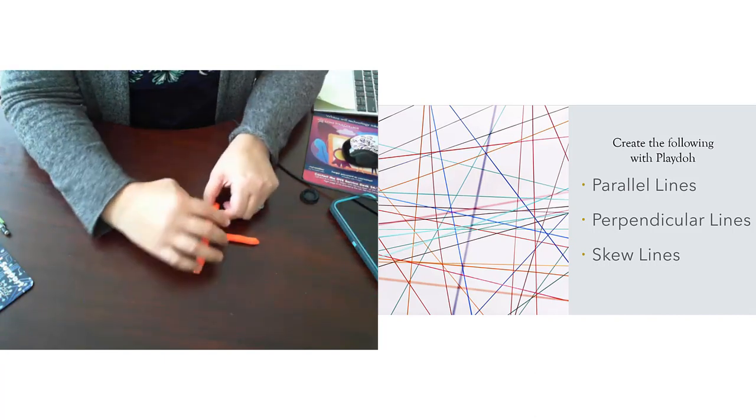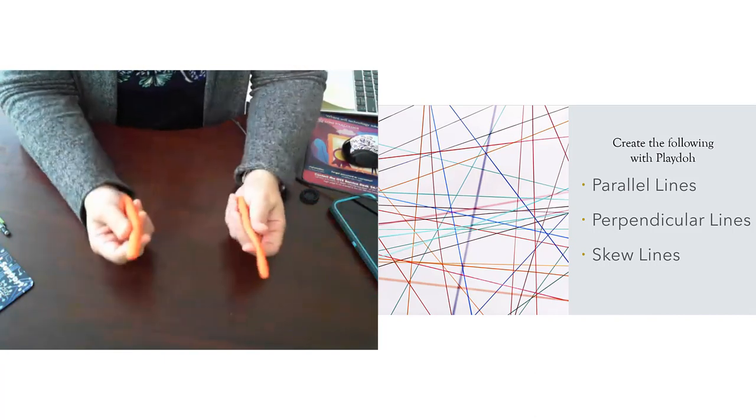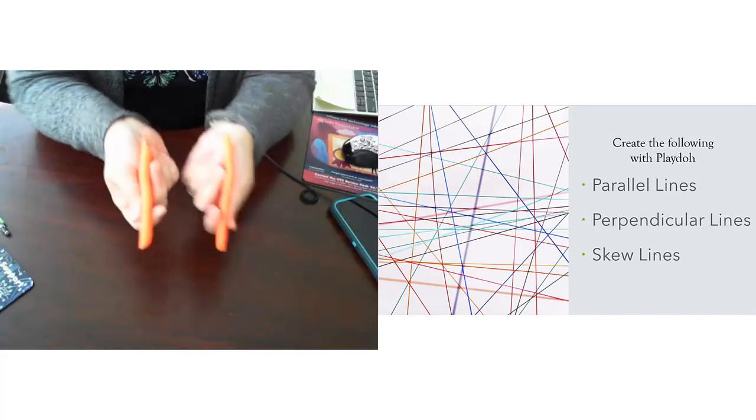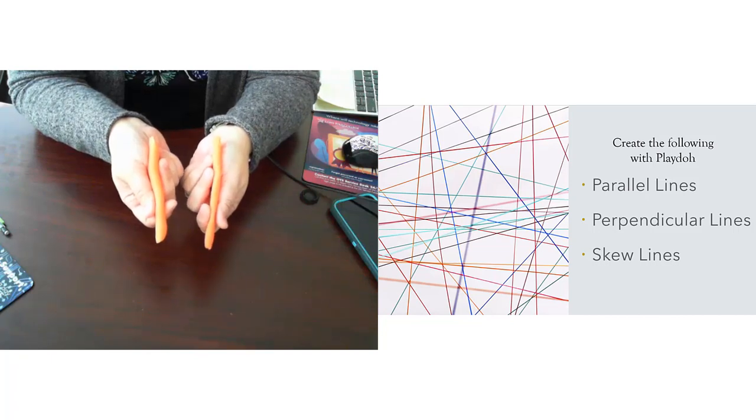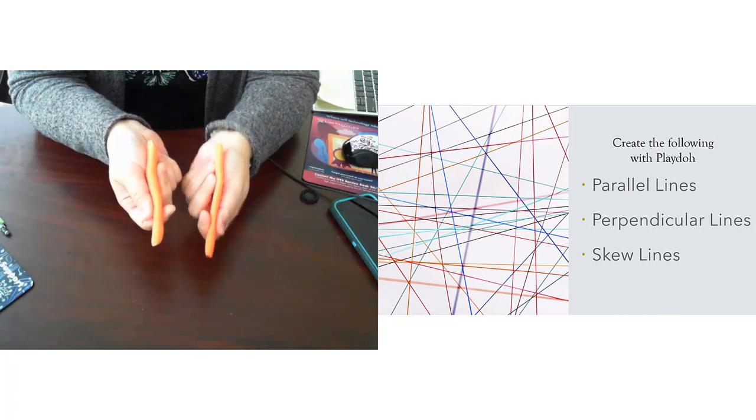And then skew lines. This is one that's really helpful to have the Play-Doh in your hands. So skew lines are 2 lines that are not parallel, but that won't meet.